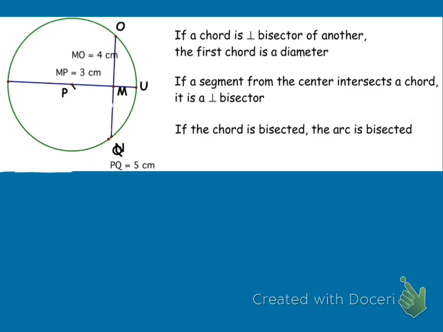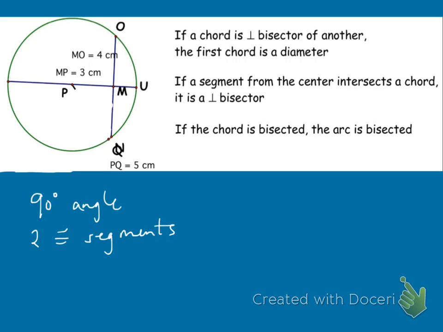You should be able to tell me that if you have a perpendicular bisector, you have 90-degree angles formed and two congruent segments. All right? So if a chord is a perpendicular bisector, if it creates a 90-degree angle and it cuts a segment in half, or a chord in half, okay, the first chord is the diameter.